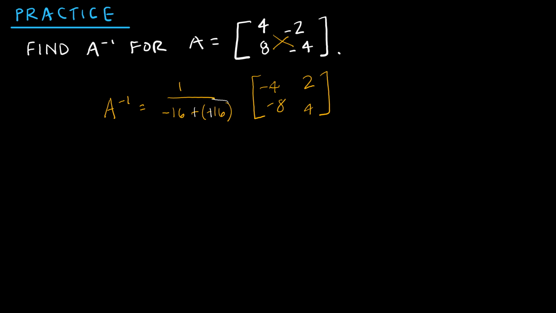Because this is 0, that means the determinant of A was equal to 0, and therefore this is not invertible. So pay attention, because sometimes you will get questions like that where you're asked to find the inverse and you are not able to.